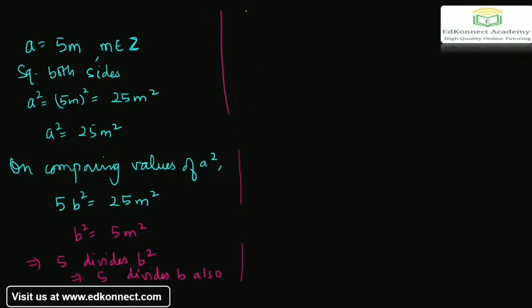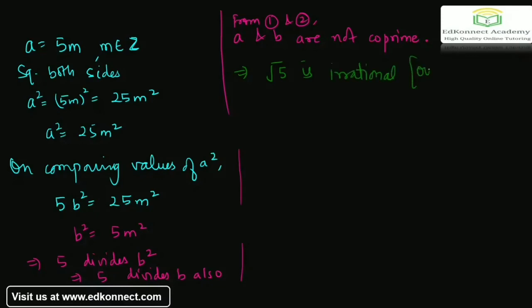So a and b are not co-prime from 1 and 2. This implies root 5 is irrational. Why? Because our assumption was wrong.